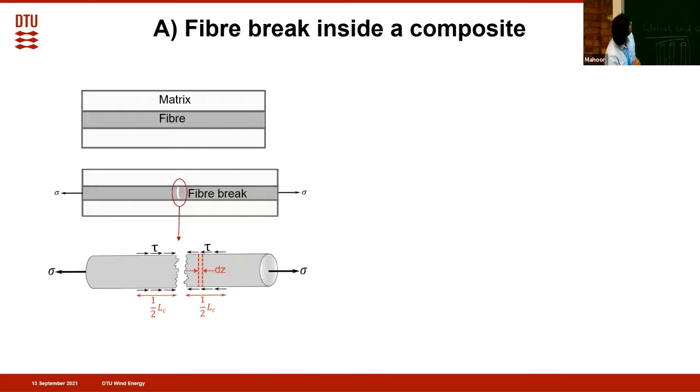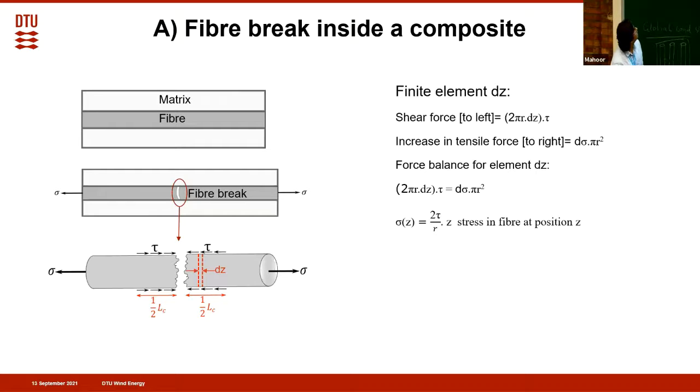If we take a small element with width dz and analyze this finite element, there is a shear force on the left of this element, which is tau times the cross-sectional area, and the increase of force towards the left, that is d sigma times the area of cross-section, and there exists a force balance between these two.